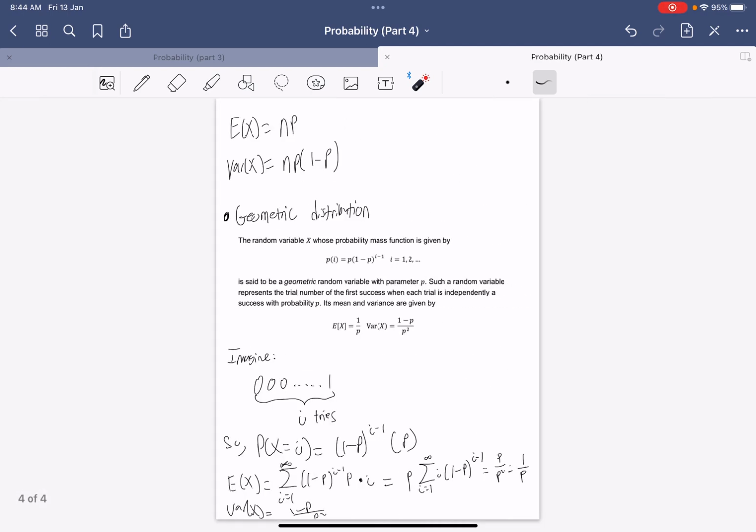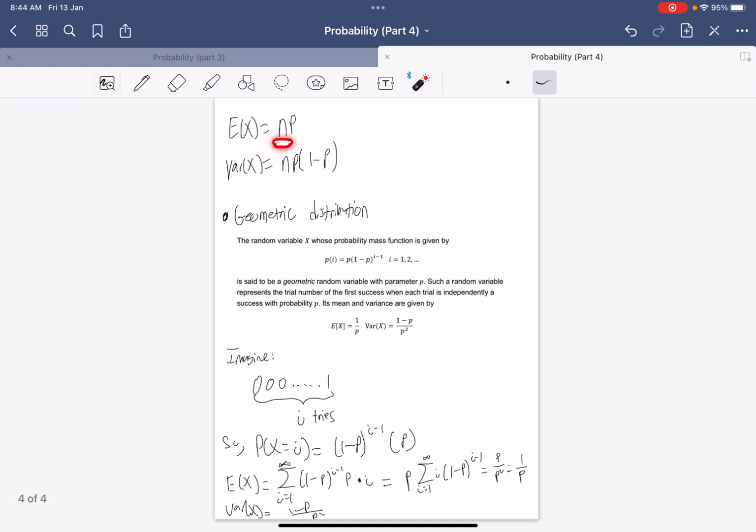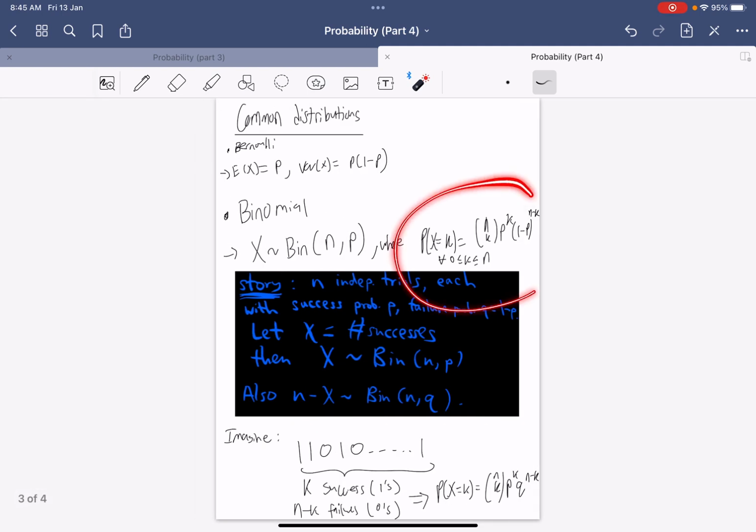And so the expectation is np, and the variance is np times (1 minus p). You can work out the expectation from this formula, but let me give you a proof which is very commonly used, which is the use of the Bernoulli distribution.